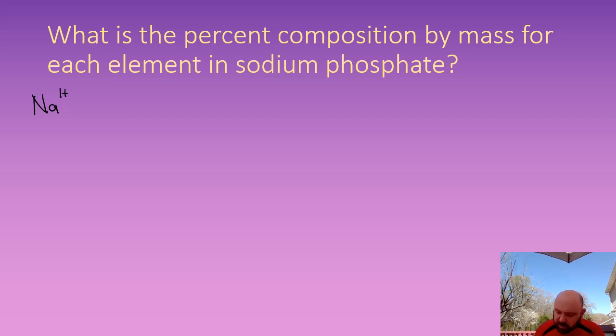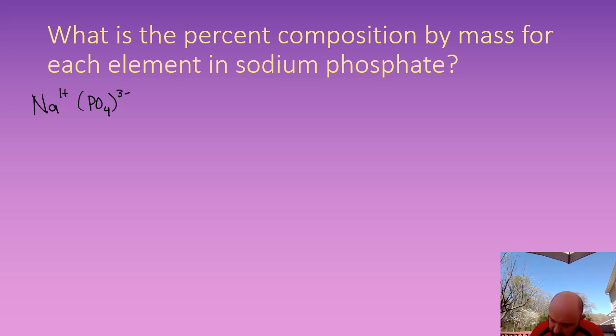And then I would look on my chart and I would see that phosphate is a polyatomic ion with the formula PO4, and phosphate always forms ions with a 3- charge. So I can see that for the formula, I will need 3 of my sodium atoms to balance out all of that negative charge on the phosphate ion.